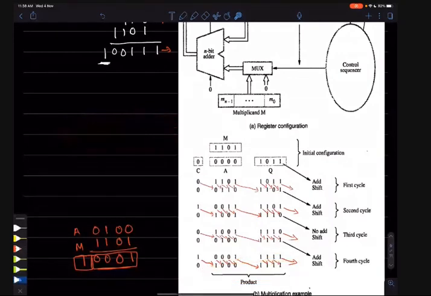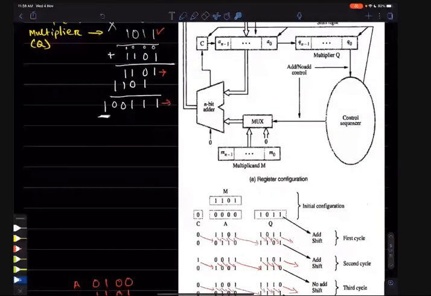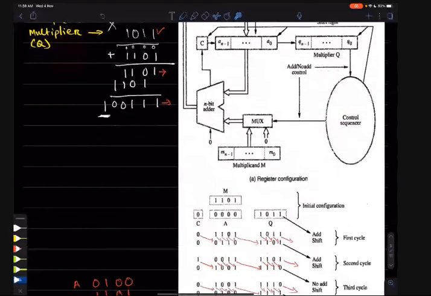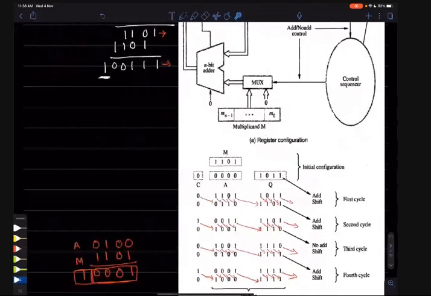After this, any doubt you can ask, because this is the end of multiplication. If you have any doubt in the circuit, or any doubt in the algorithm, you can ask, or if you want me to explain again.